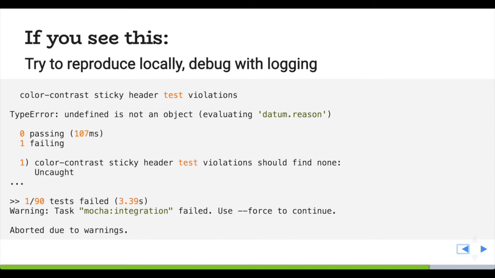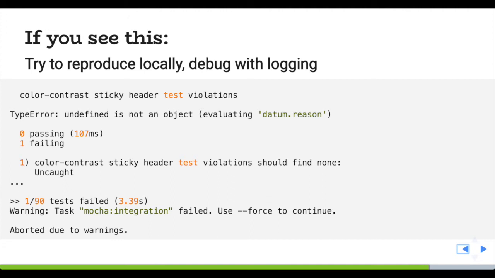So here's another one. You should try to reproduce your tests locally. Figure out if you can run your tests locally like I did in my slides, with the command prompt, and ideally you can reproduce it there. If you can't, here's an example of what I found: our color contrast sticky header test was saying type error, undefined is not an object.